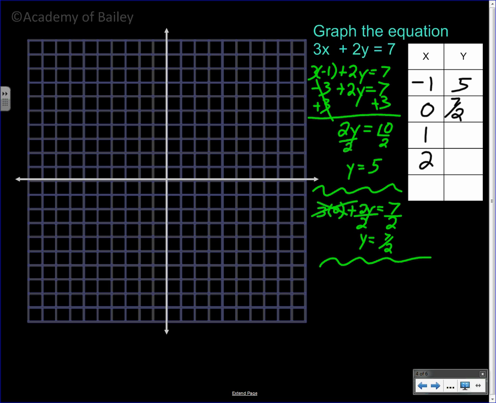And now if x is equal to 1, 3 times 1 is 3. Then we drop everything else down and solve for y. Seven minus 3 is 4. Don't forget you have to subtract 3, and divide by 2. Y is equal to 2.